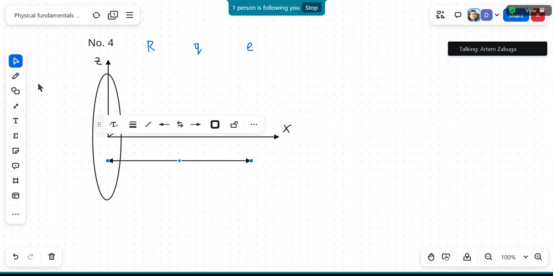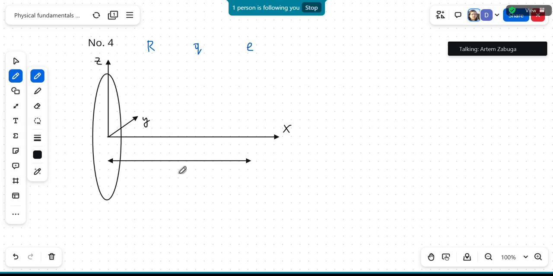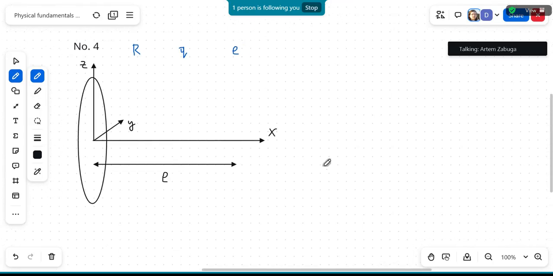So L is somewhere here. Maybe you have some ideas. How can we find electrostatic field intensity on the axis of the ring's symmetry?